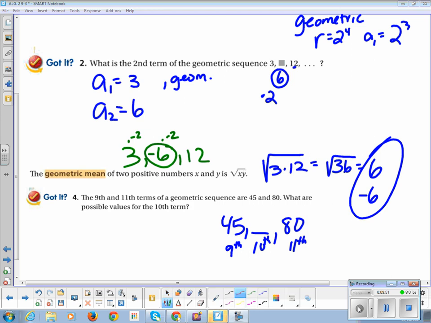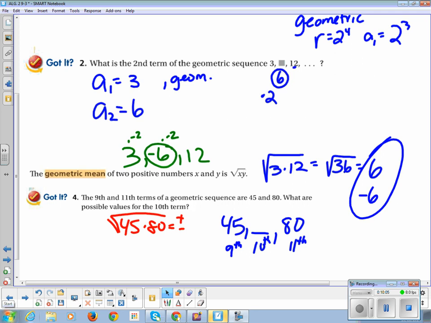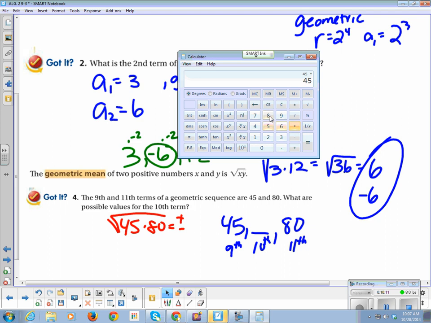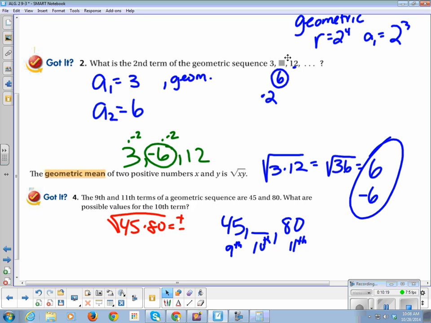So we are going to take 45 times 80, and then take the square root. The answer we get for that will have a positive and a negative value because we have to account for both scenarios. So 45 times 80 is 3,600, and the square root is 60. And in fact, the answer could be negative 60 as well.